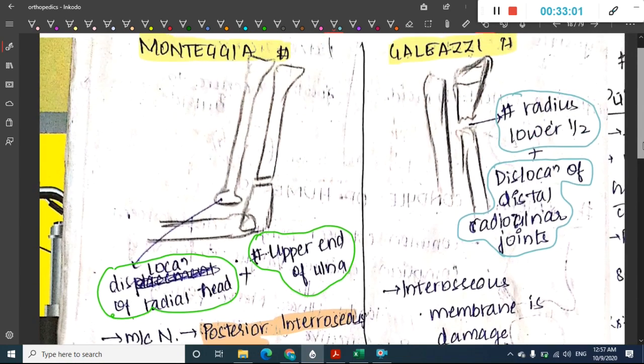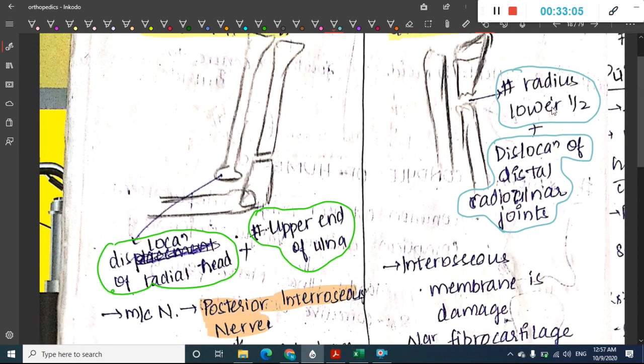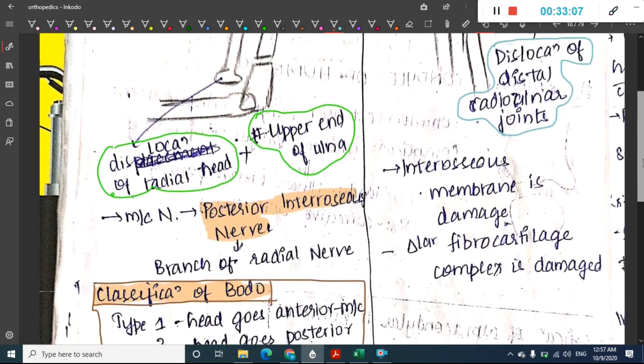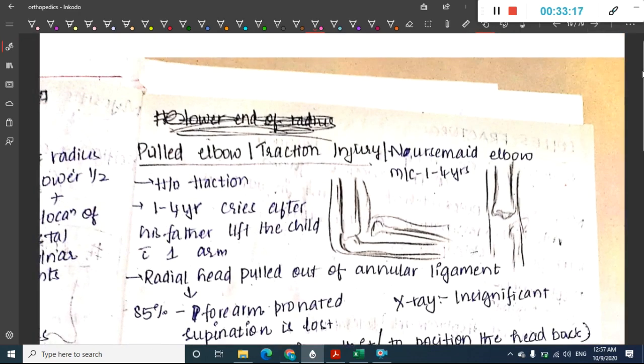Even this Galeazzi's fracture is a fracture of necessity. Here the interosseous membrane is damaged, and the triangular fibrocartilaginous complex is also damaged.